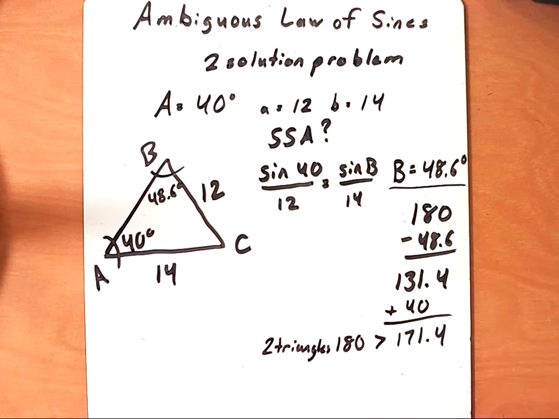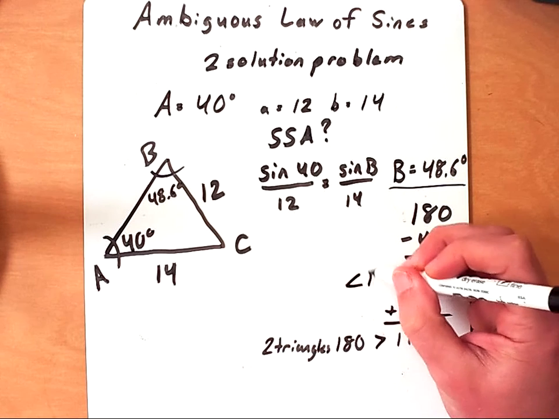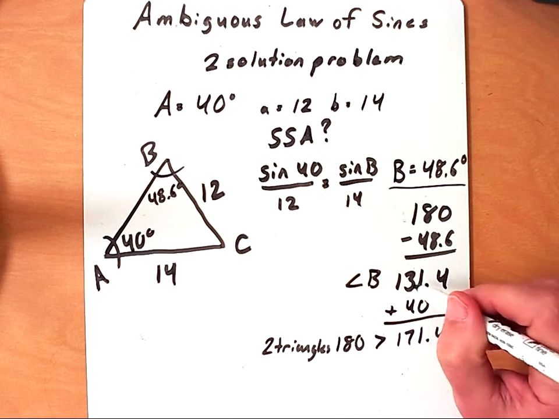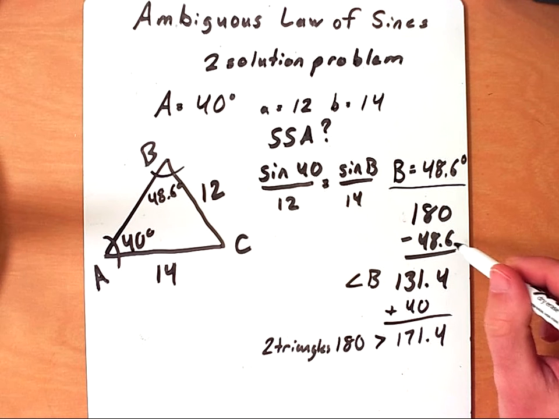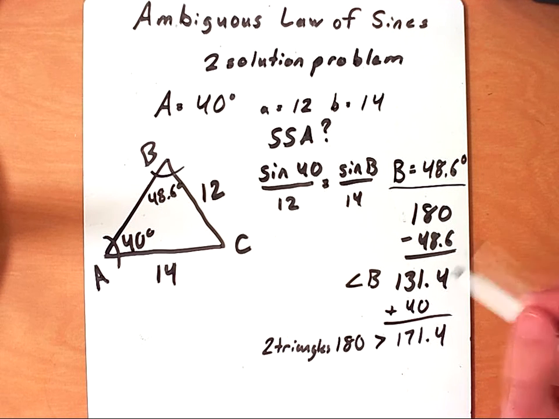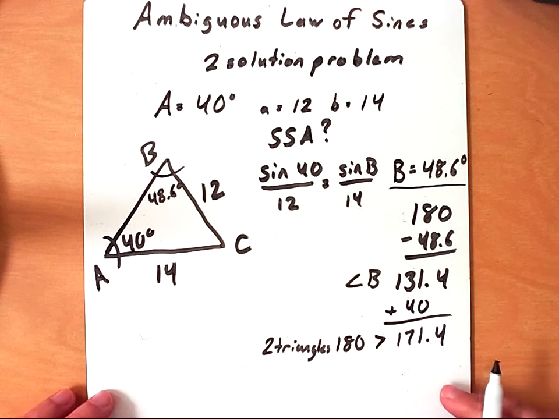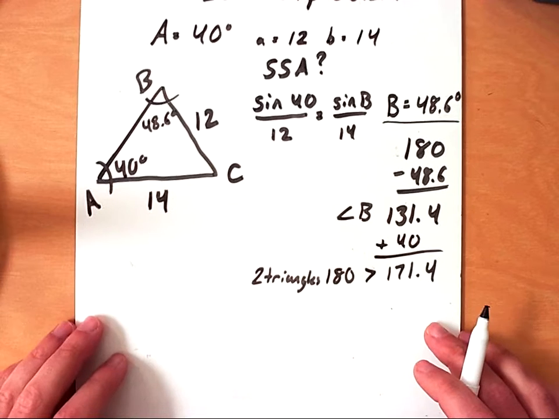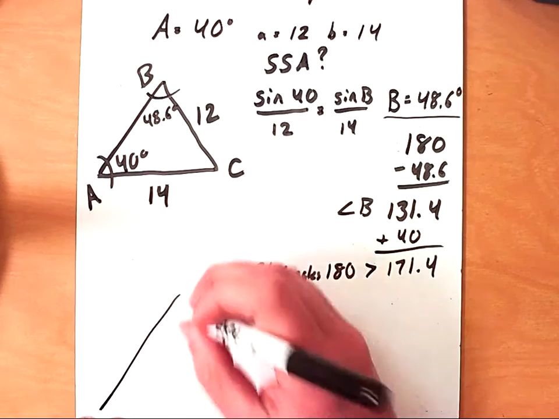Now, if this value is less than 180, which it is in this situation, there are going to be 2 triangles. Okay, this number here that we got is our new angle B. So 131.4 is going to be angle B in my second triangle. When I subtracted this 48.6, this gave us the 131.4, which makes it our new angle B. So now what I'm going to do is slide this up so we can take a look. I'm going to draw a second triangle.